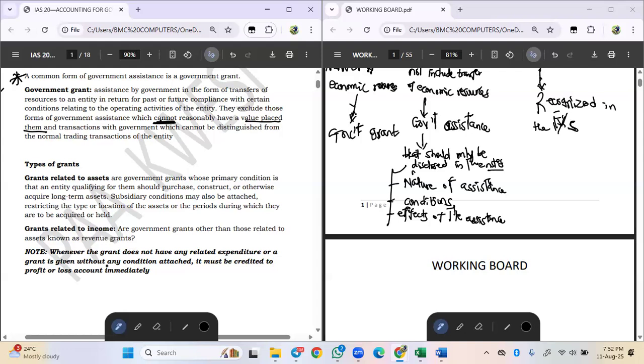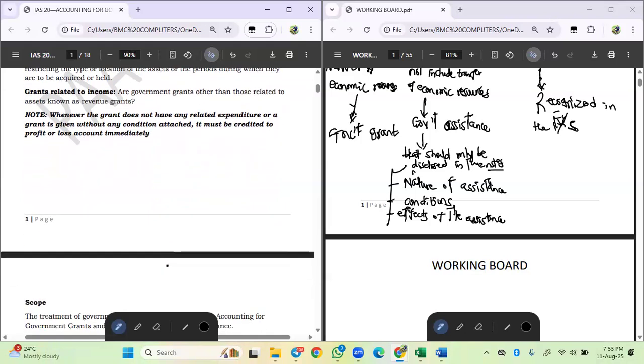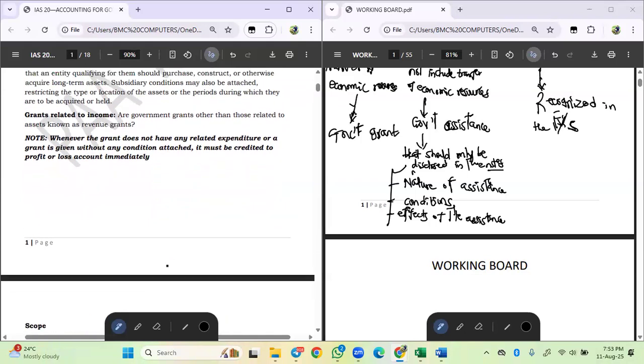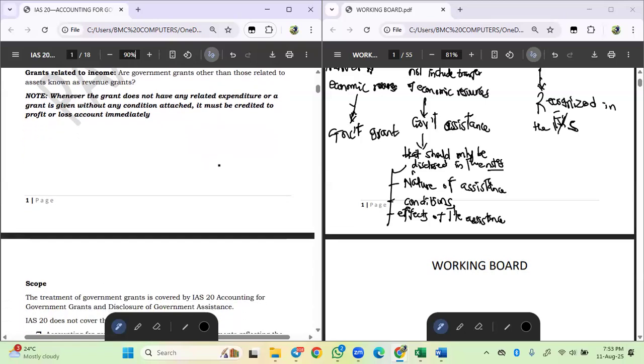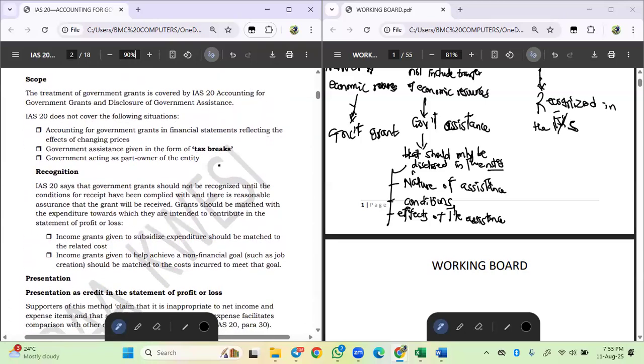And if you say that you are debiting it to P&L, it means you are deducting from your P&L account. So that one will be seen as an expense or a negative figure. But if you see credit to P&L, that one is a positive figure. So that's just by the way. So please, if you have a grant and there is no condition attached, just credit it to the P&L immediately. All right, so this is the scope.